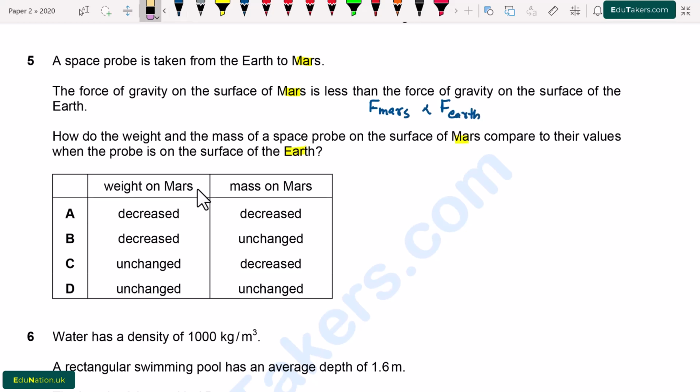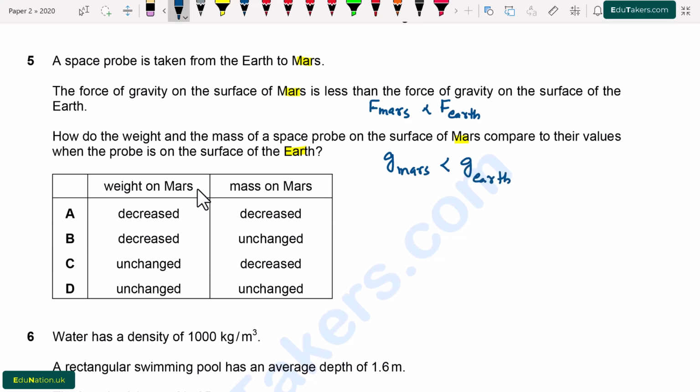So here we have to compare the weight and the mass values on the surface of Mars and on the surface of Earth. As it is given that the force of gravity on the surface of Mars is smaller as compared to force of gravity on the surface of Earth, it means that the value of G at the surface of Mars is smaller as compared to value of G on the surface of Earth.